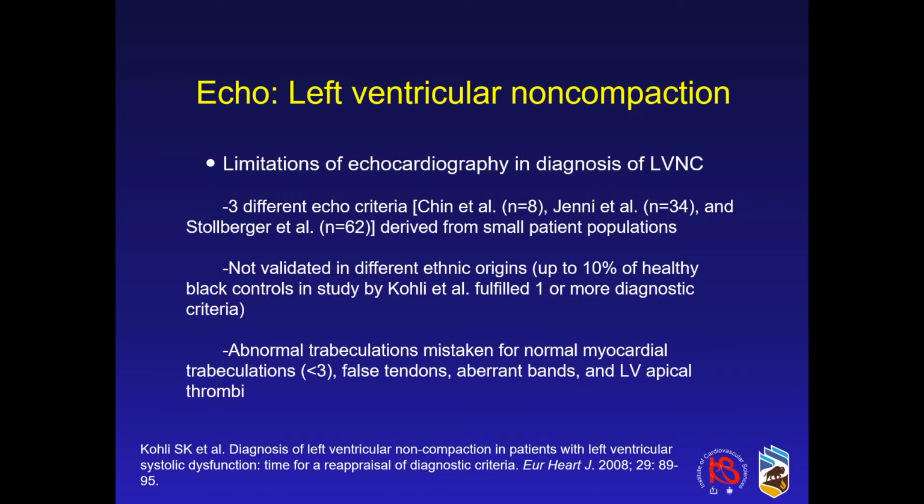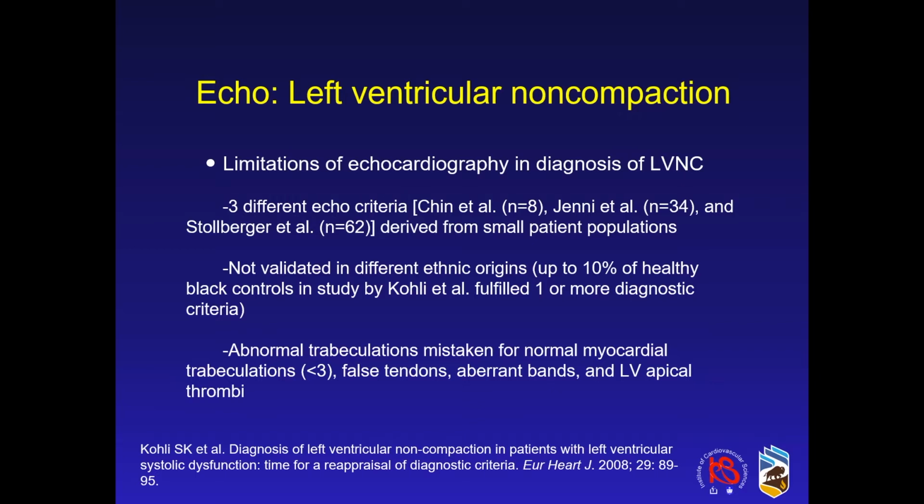Now, one must remember that there are limitations of echocardiography in the non-invasive diagnosis of LV noncompaction. This was a paper published by Kohli and colleagues in the European Heart Journal in 2008, and they commented on the following three key elements. The first is that three different echo criteria, Chin et al., Jenni et al., and Stollberger et al., were derived from very small patient populations.